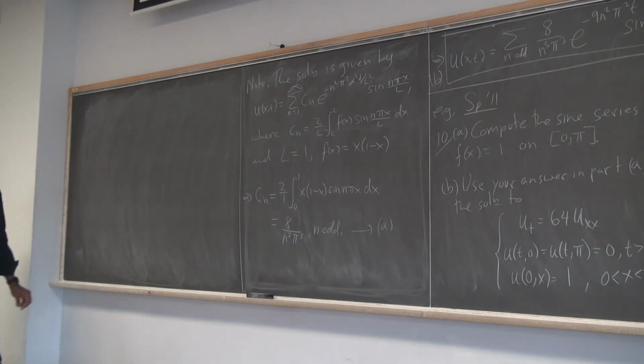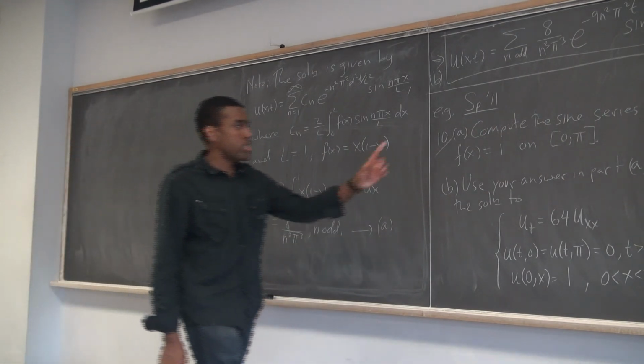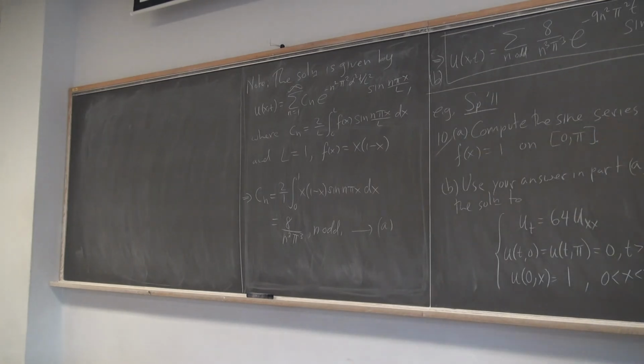They actually said compute the sine series, not just the coefficient. So the whole series would be: f of x is equal to the summation. Remember your a0 is 0 and all your a's are 0.